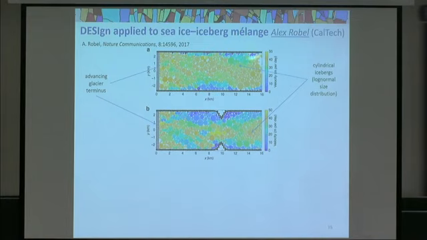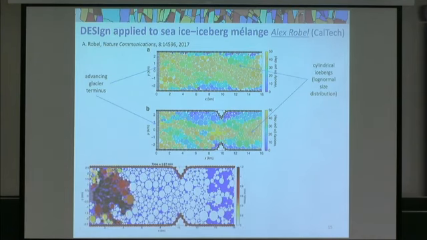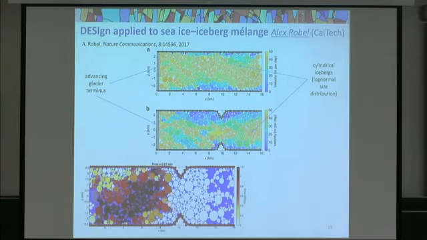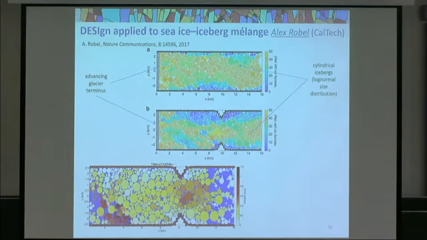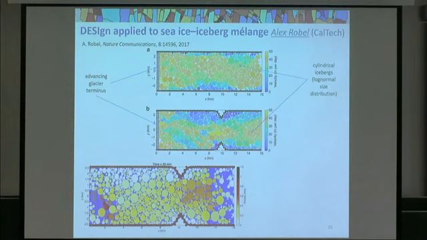And Alex did a number of simulations, either with slowly advancing glacier terminus, so this left side of the computational domain, or with rapid calving events. You can see this calving, this new iceberg entering the fjord here. And this is where jamming comes in.